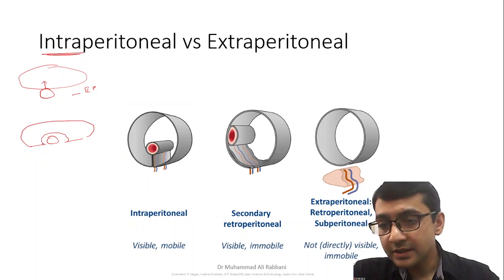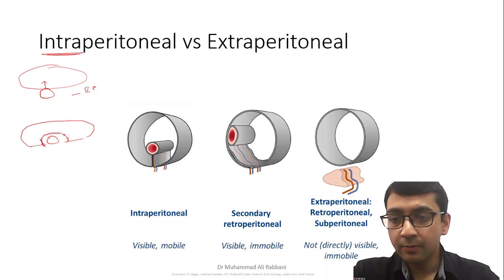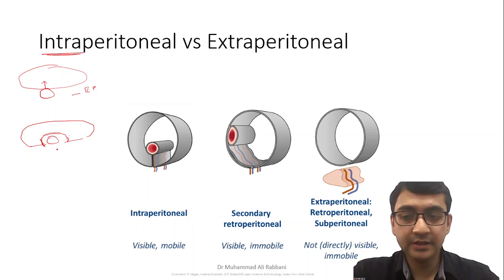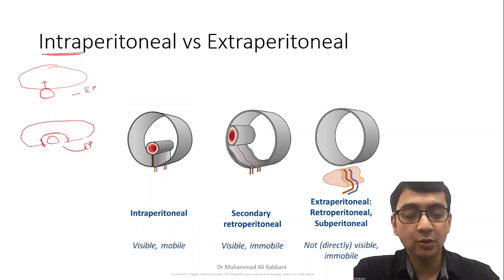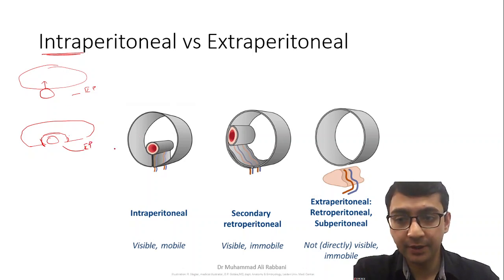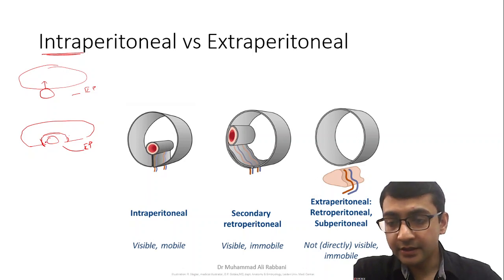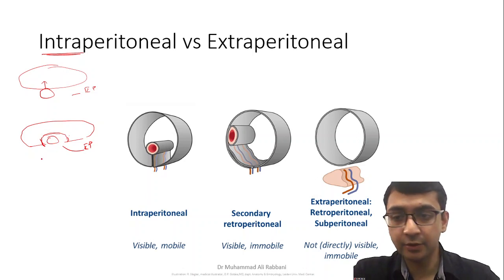Now you can see that it is lined on three sides, here, here, here, but it is not lined on the posterior aspect. It is not completely enveloped. So it is again considered an extraperitoneal organ because it is not completely enveloped by peritoneum, and this will be considered parietal peritoneum.